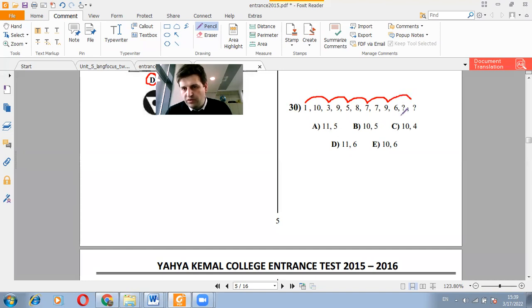So the first question mark is 11. And then if you follow the second order, you'll see 10, 9, 8, 7, 6, and the second question mark would be 5. So you are looking for the numbers 11 and 5, which is choice A.